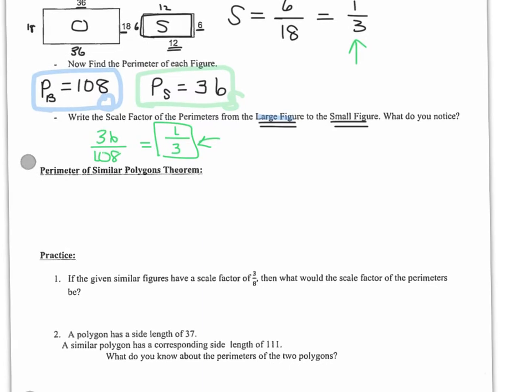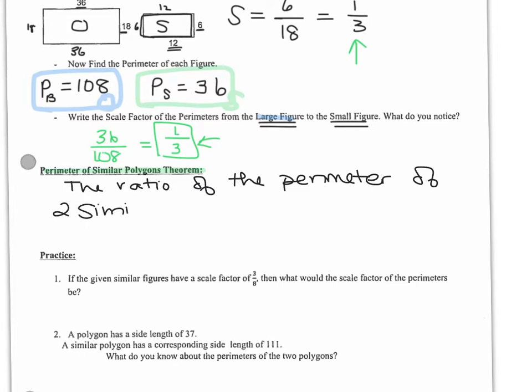So we have a lovely theorem. Perimeter of similar polygons: the ratio of the perimeters of two similar figures is the same as the original scale factor.